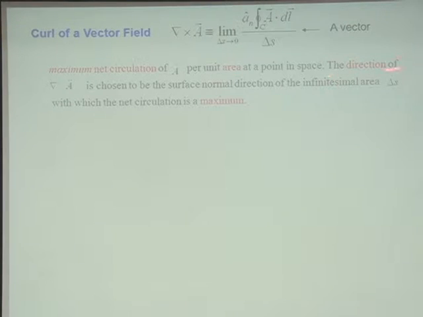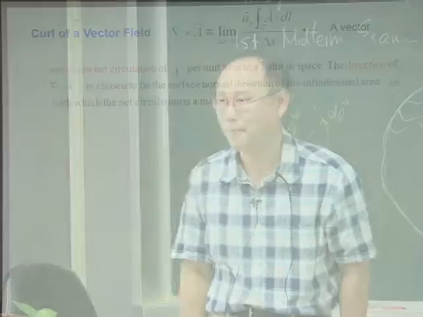And because this is a vector, there's a direction. The direction of curl of A is chosen to be the surface normal direction of this small area, delta S, with which you get the maximum value of this circulation calculation.